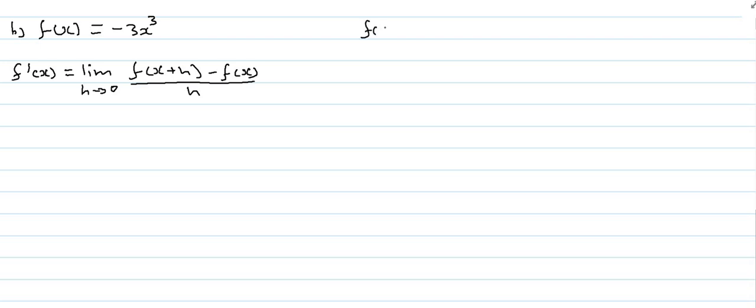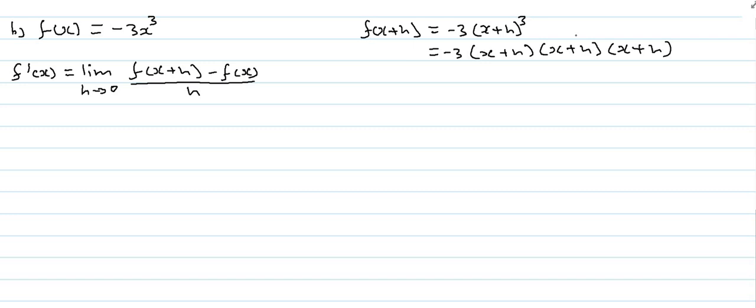We're going to say f of x plus h will be given by negative 3, where I see x, I substitute x plus h cubed. Then, to simplify this one, negative 3 times x plus h cubed is the same as x plus h, x plus h, x plus h.